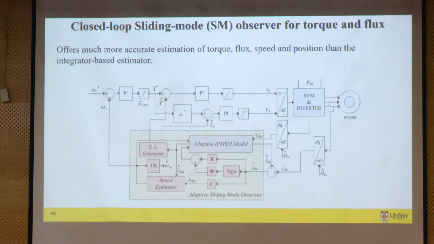There are a lot of different methods to reduce the torque ripple and the flux linkage ripple. These two are just two of the solutions. There could be many more, so feel free to look at the literature.